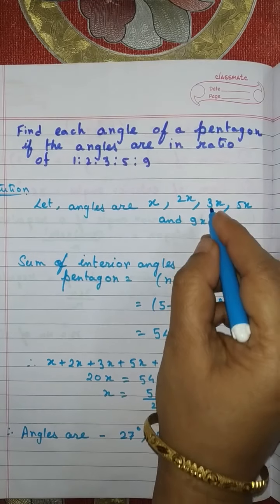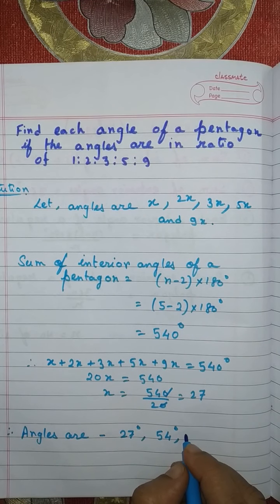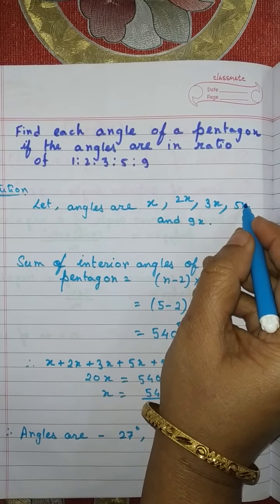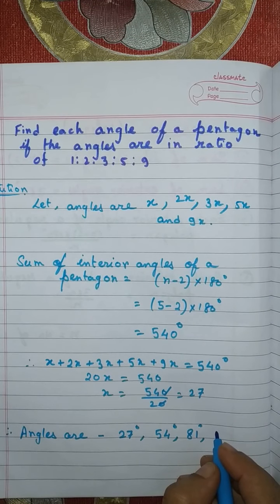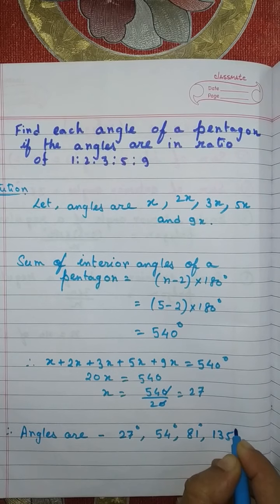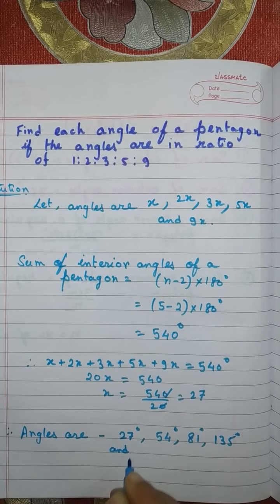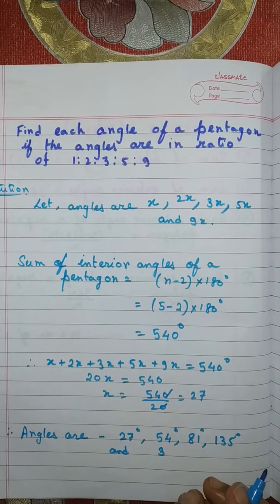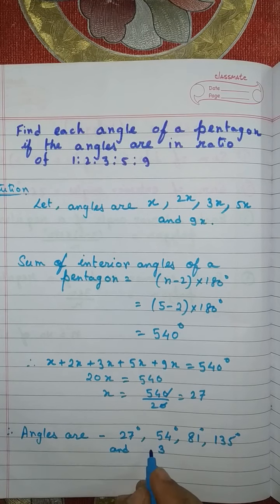Third angle is 3x, 3 into 27, 81 degrees. Fourth angle is 5x, means 5 into 27, 135 degrees. And the fifth angle is 9x, 9 into 27, 243 degrees. So this is our answer.